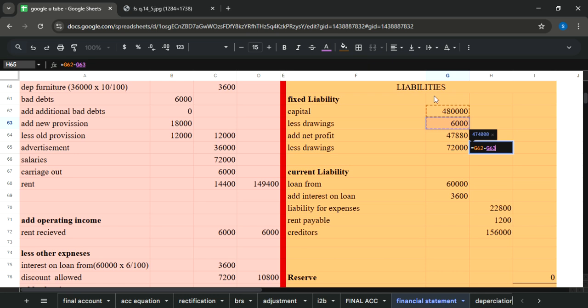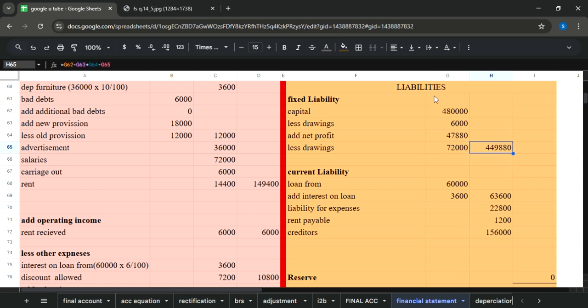Then you will add your net profit 47880. Then you will subtract 72,000 drawings. So this is the net amount of capital. Then loan was 60,000 and you will add your interest. Loan amount is okay. So finally we are ready to solve total amounts.